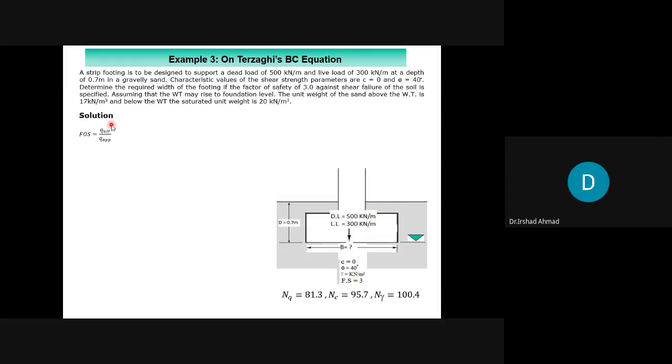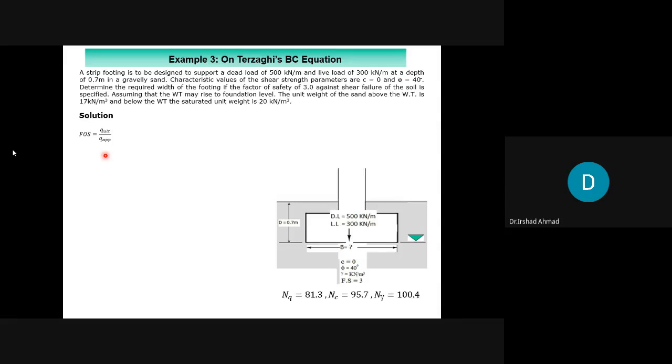But one thing one has to remember that Q ultimate is in terms of stress, whereas Q applied here is in terms of per meter run, it is not in terms of stress. So we have to convert this per meter run load in terms of stress and put it in this equation.